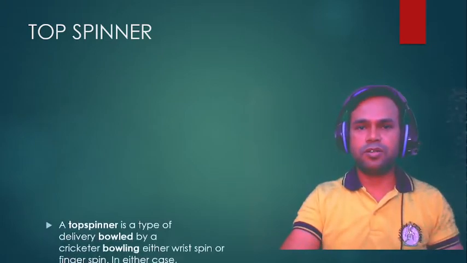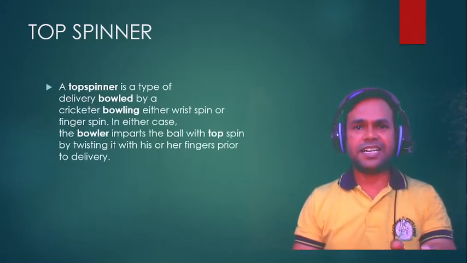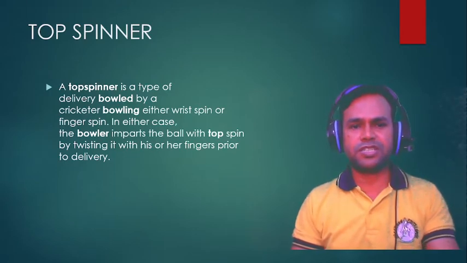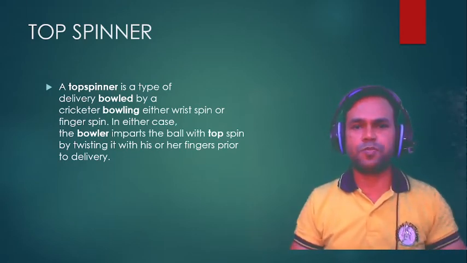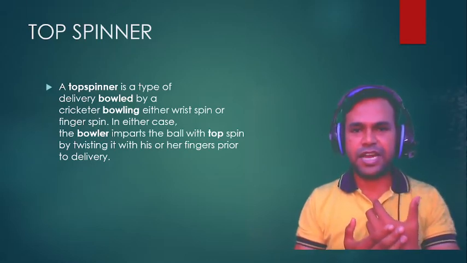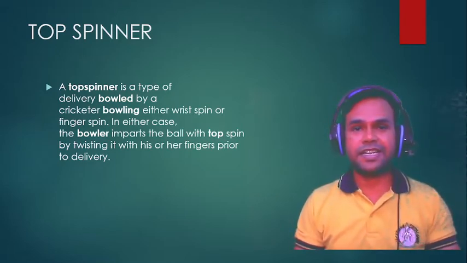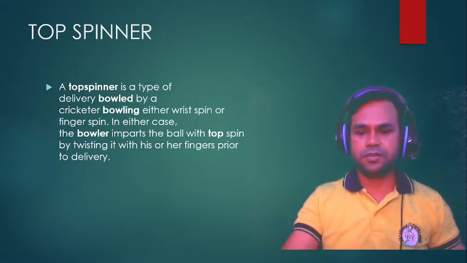This is all about the top spinner. As for the exact definition, you can see it on the slide. The gripping is slightly different, and the back of the hand is facing toward the batsman and not toward the fine leg area. This is known as a top spinner.